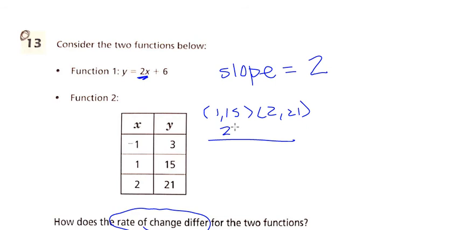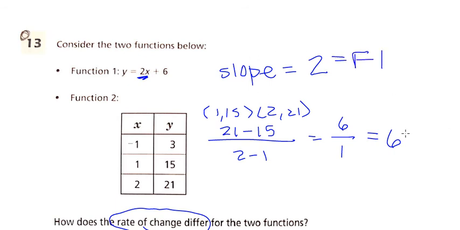That's going to be 21 minus 15 over 2 minus 1. Well, 21 minus 15 is 6 over 1, so that one's going to be +6. So they're both positive. One of them's 2, one of them's 6. This one is function 1. This one is function 2.